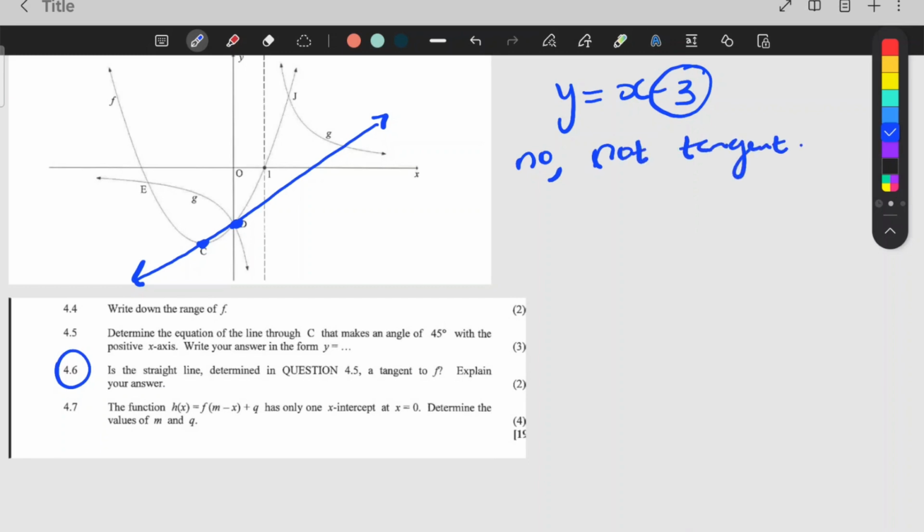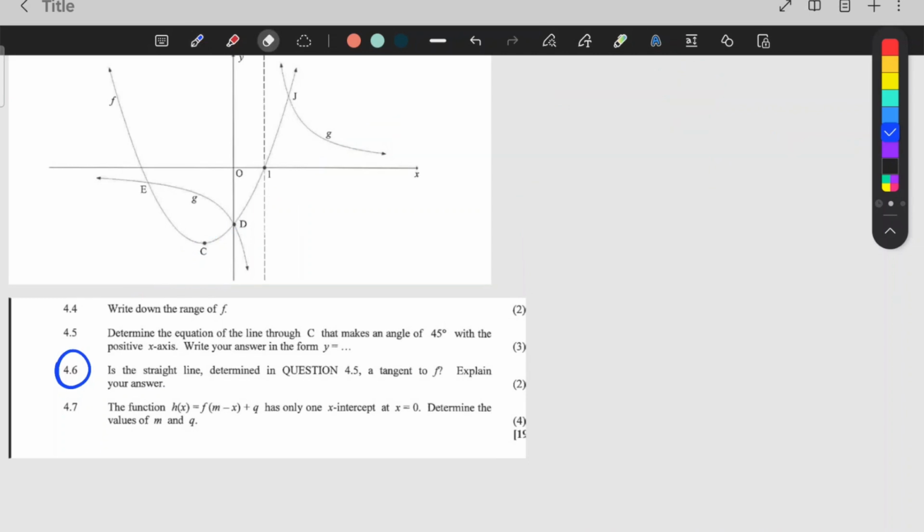So you'll say no, it's not a tangent because the straight line goes through C and D. It's supposed to only touch once, eh? Another way you could have answered that question is, remember, this line goes through C. If it was a tangent, the tangent should have looked like that.